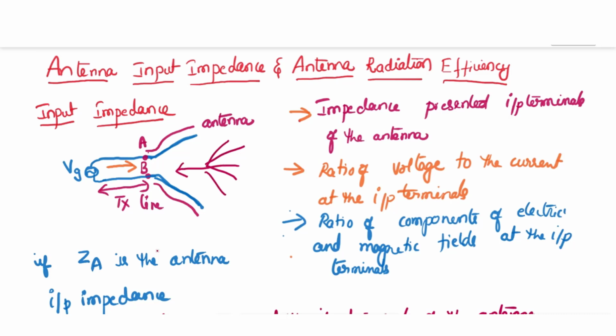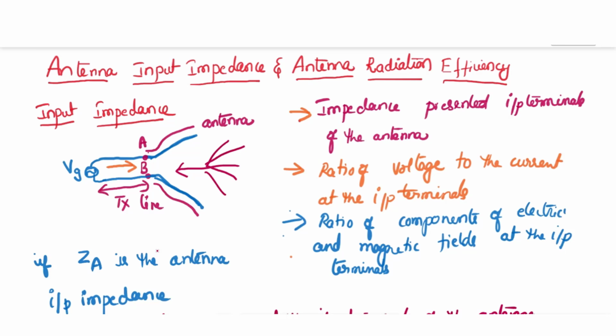Some gets dissipated as loss in the antenna. So some of the power gets reflected, some gets radiated, and some becomes a loss. You're going to lose some of the power.